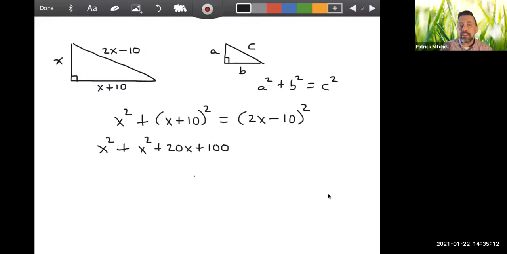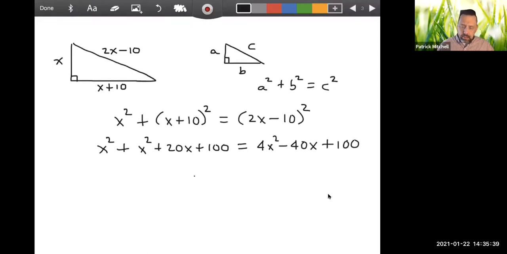So if you need a minute to think about that, pause the video, and probably you could just FOIL x plus 10 times x plus 10. Okay. All right, and then the same thing with the square of 2x minus 10. When I square 2x minus 10, I get 4x squared minus 40x plus 100.